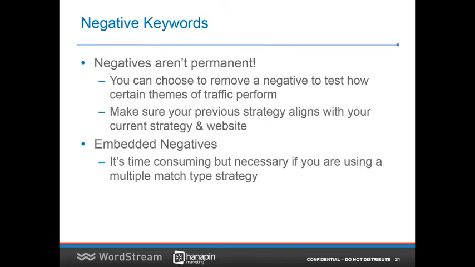Again, this is time consuming, but it really helps make sure that all of your reporting is accurate and the search query report is much cleaner, and you can be certain that when you look at how a keyword's performing, it's very easy to go and make bid optimizations and changes and feel confident that you're going to get the result that you're really looking for.